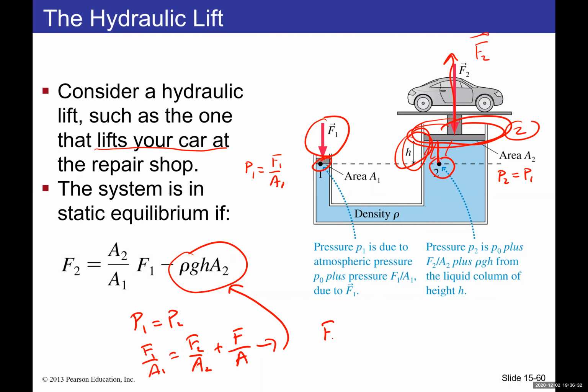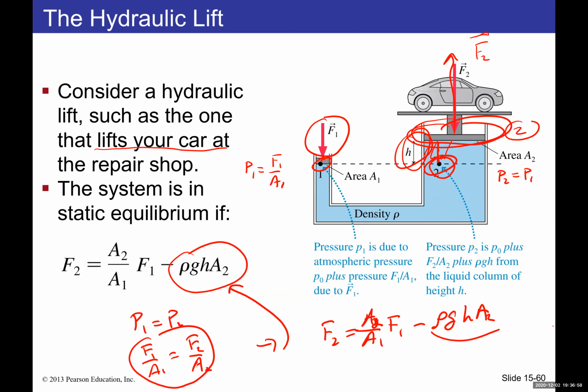If you rearrange those, looking at point two, since they have the same pressure, F2 is equal to A2 over A1 times F1, but then minus rho gh times A2, which is the extra force that we have because of the extra liquid above.